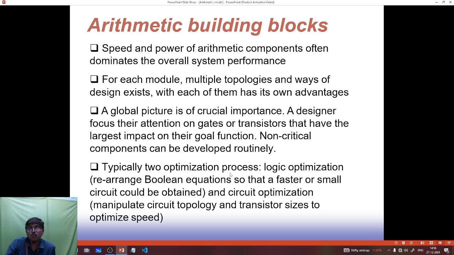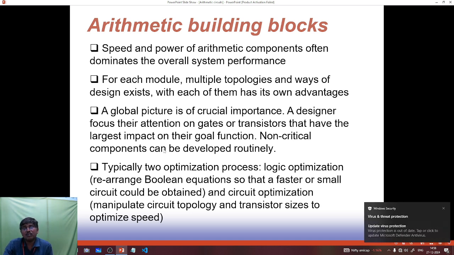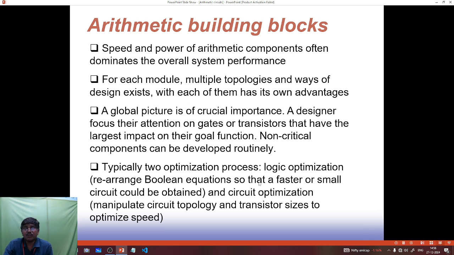So there are typically two optimization processes: one is logical optimization, another is circuit optimization. Logical optimization we are familiar with: when using a Boolean expression, we have to optimize it. In circuit optimization, we minimize the circuit by using pass transistors or transmission gates, based on the requirements of the application.